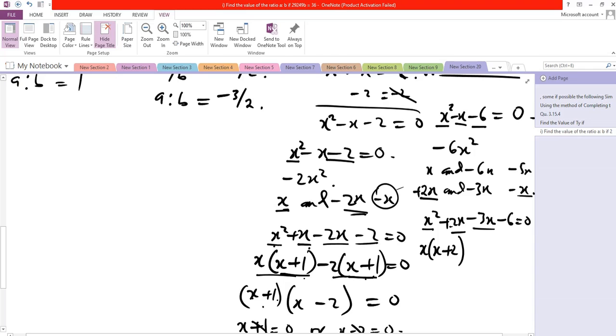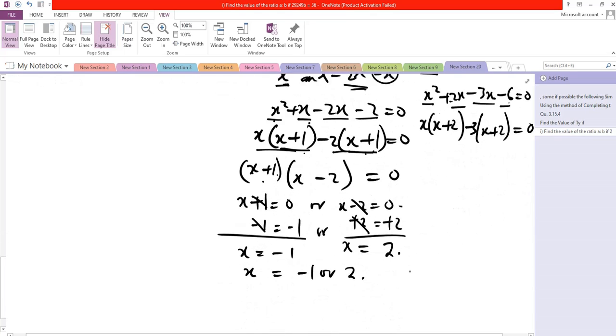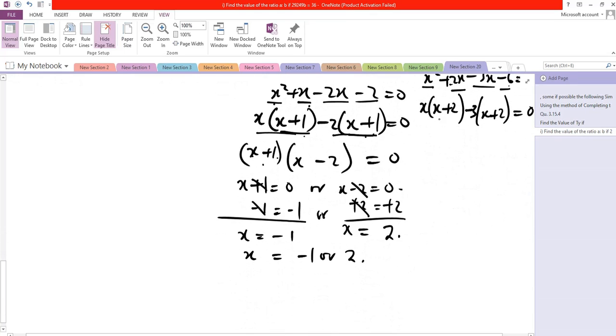What are the common factors here now? The common factor I can see between these two terms is minus 3. If you use minus 3 to divide minus 3x, you have x. If you use minus 3 to divide minus 6, you have plus 2. So this expression x plus 2 is common to both terms.